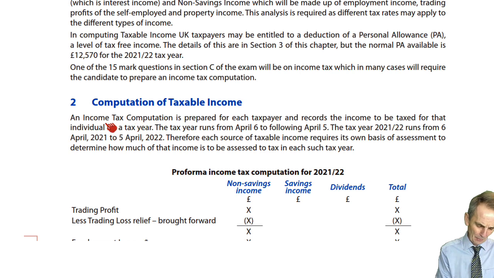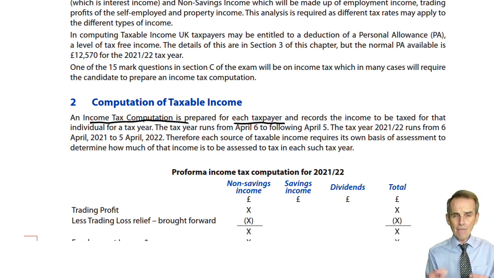But an income tax computation here is prepared for each taxpayer, every one of us, whether child, adult, male, female, single, married, whatever. Every one of us from the day that we're born are welcomed in to the taxation system here within the UK.